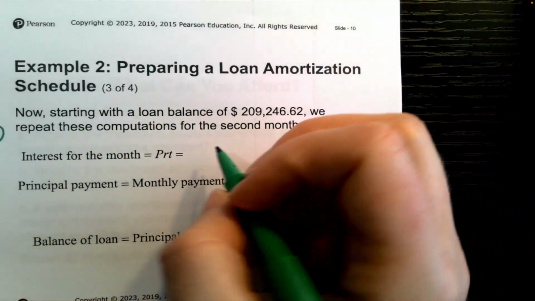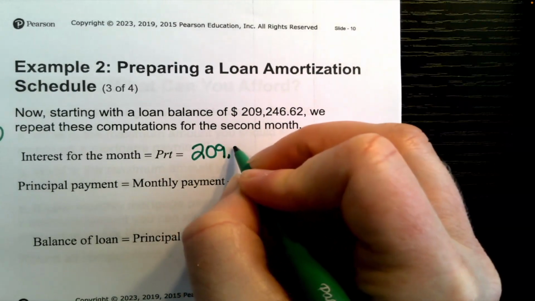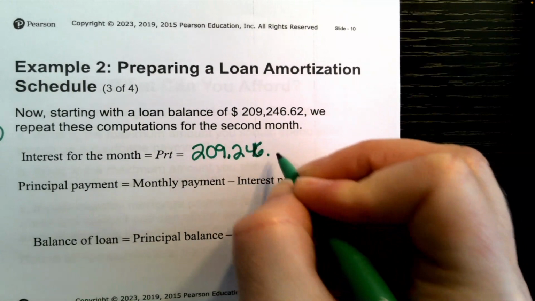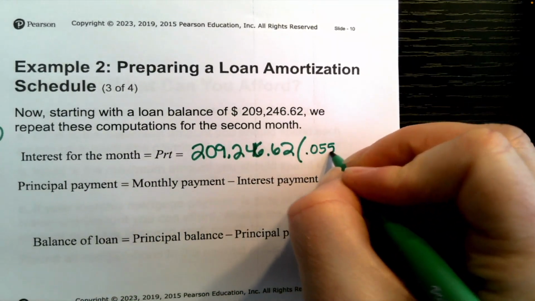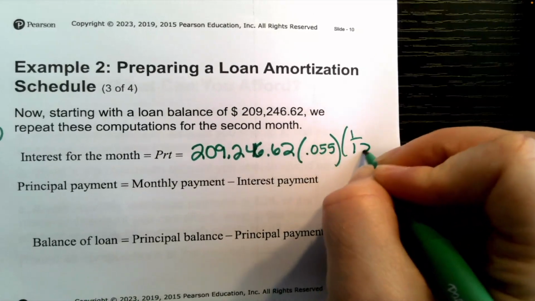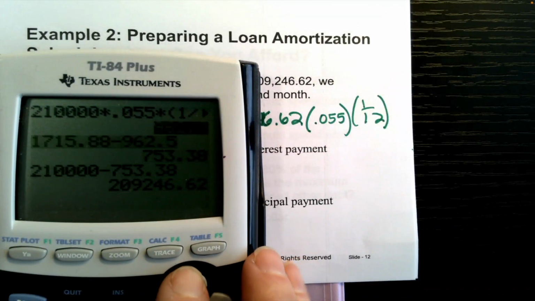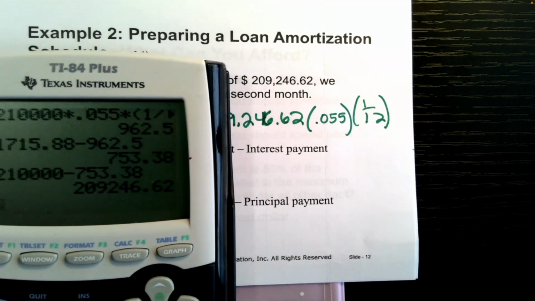All right, so now your principal is less. It's what you previously had after you paid that little bit of principal, times the same rate, times 1/12 again. So I can just re-enter it.